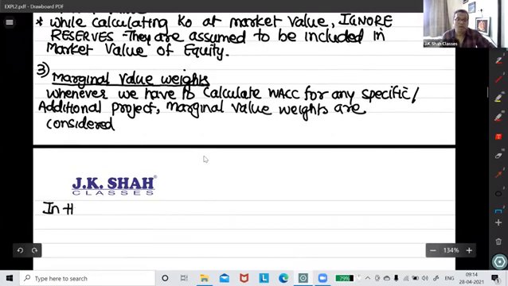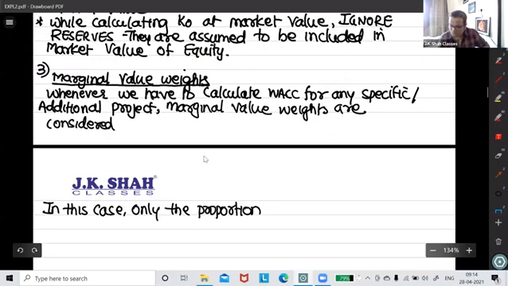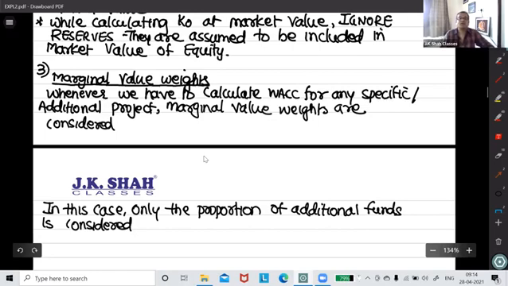In this case, only the proportion of additional funds is considered. Only the proportion of what? Additional funds is considered for calculating WACC.